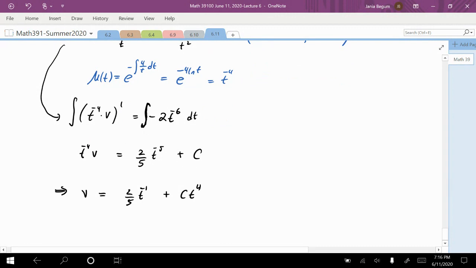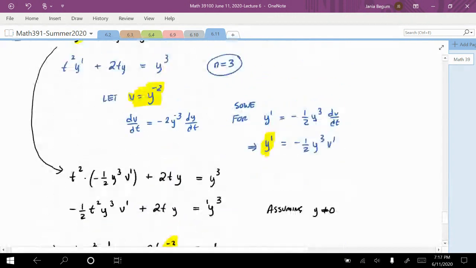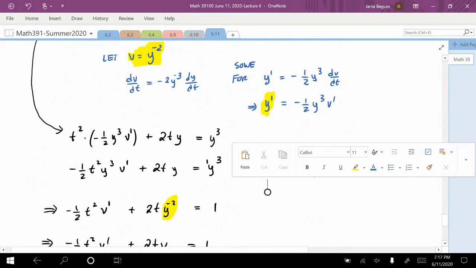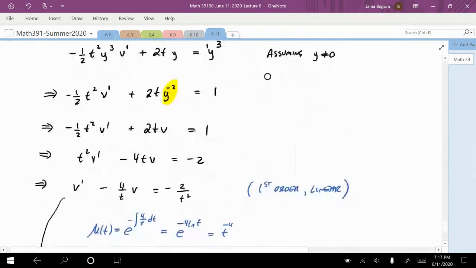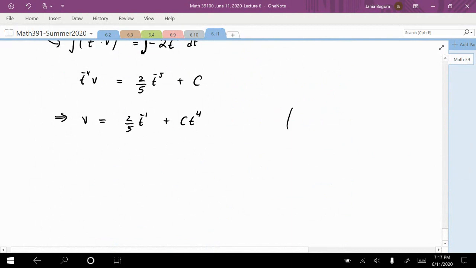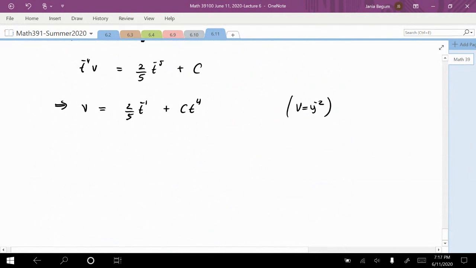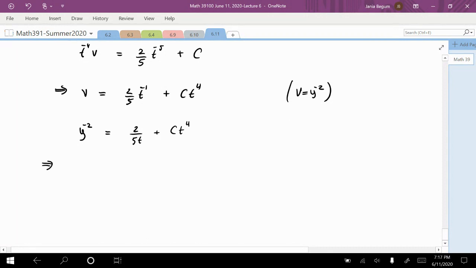So we almost finished solving it, but what is v initially? v was y to the negative 2. So let's substitute that. We have y to the negative 2 is equal to, I'm just going to make it a positive power for t, 2 over 5t plus c t to the fourth. And then how do we solve for y from here?